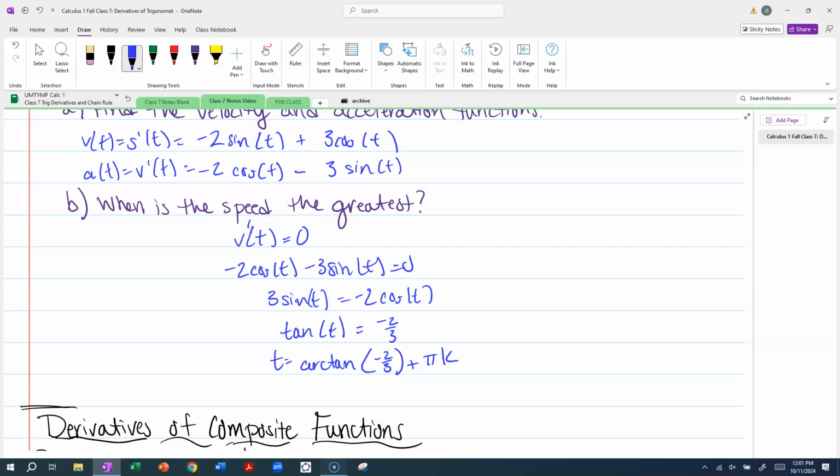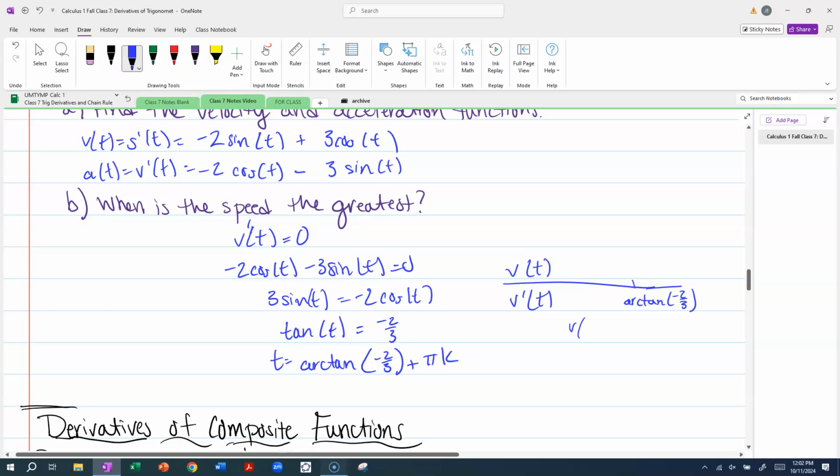And so we really should check. What we would have to do to check is compare the velocity function and the derivative of velocity, the acceleration function. We'd look at arctangent of -2/3 and check on either side of it. I have no idea what this is as a number, so I'm just going to do v prime of -2 and v prime of 0.